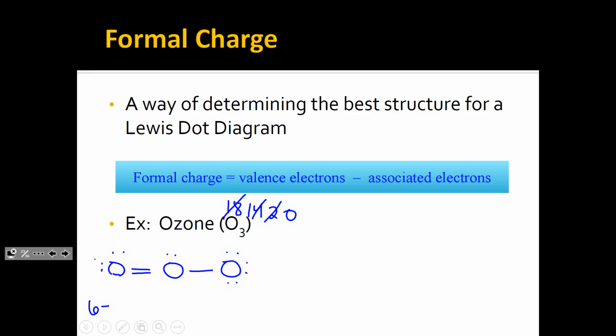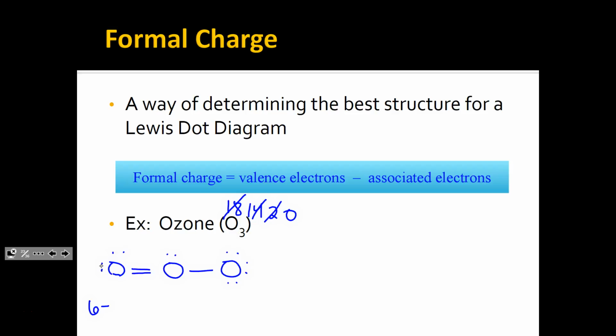And here's what I mean by that. You can think about it 2 ways. Here's the first way. How many electrons does this oxygen quote-unquote own? It owns 1, 2, 3, 4. So those 4 electrons that come from those lone pairs, that oxygen owns them, if you want to think about it that way.